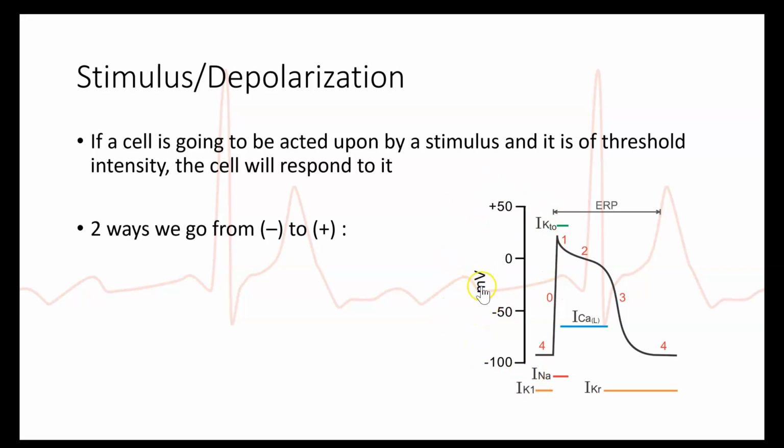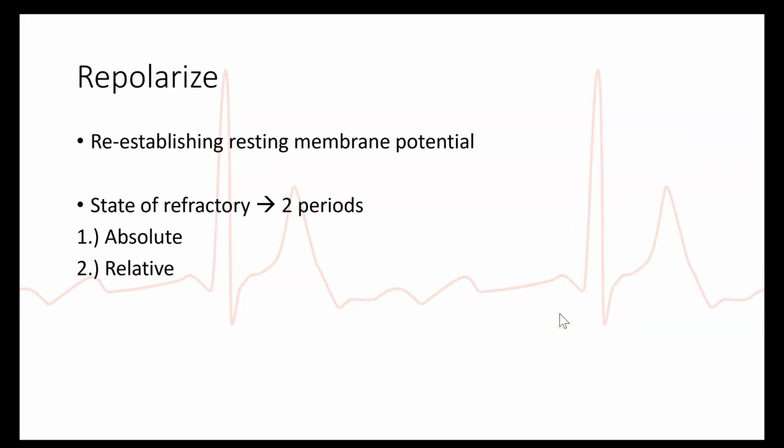So we have to change those ionic gradients where sodium rushes in, we go up to plus 30, we eject blood out of the heart, and then we rest, everything goes back into place, calcium, potassium, sodium, all of that to get ready for the next stimulus, which is then going to eject blood back out of the heart.